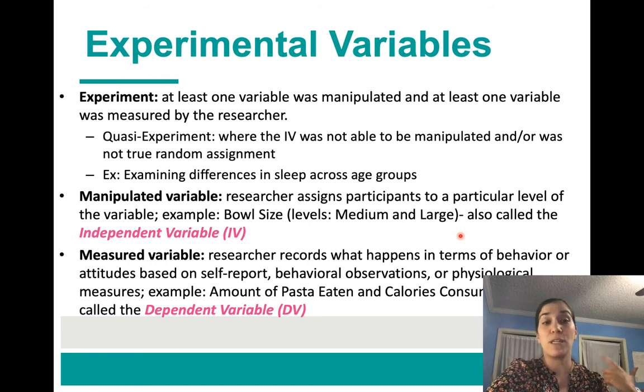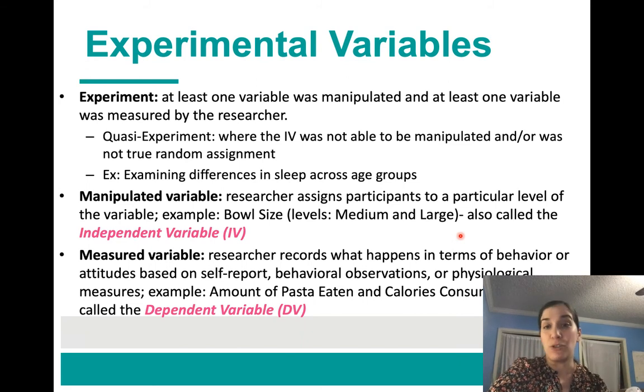It's one independent variable, bowl size, and it has 2 levels, medium and large. It's the thing that the researcher wants to see has an impact. In the pasta study, they wanted to see whether the size of the bowl impacts how much you ate. And so their independent variable is that bowl size.